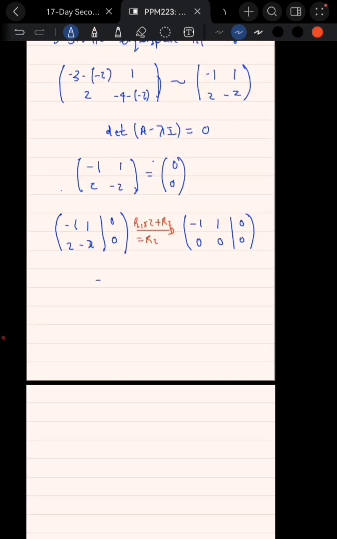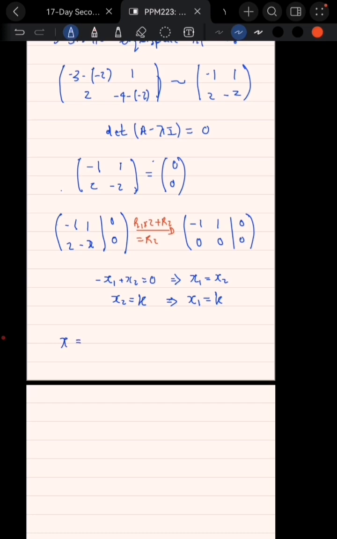Therefore, minus x1 plus x2 will be equal to 0. Then x1 is going to be equal to x2. x2 is a free variable. We can call it k, which then implies that x1 is also going to be equal to k.